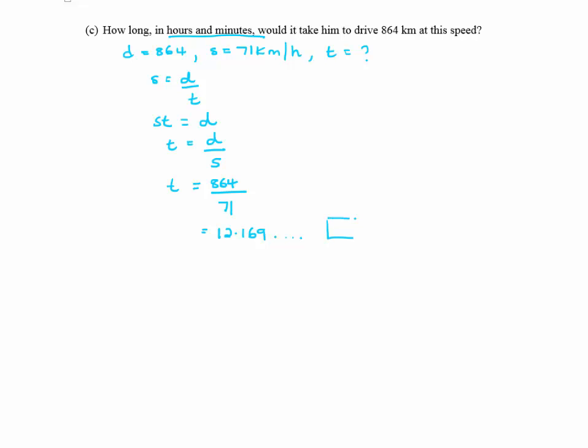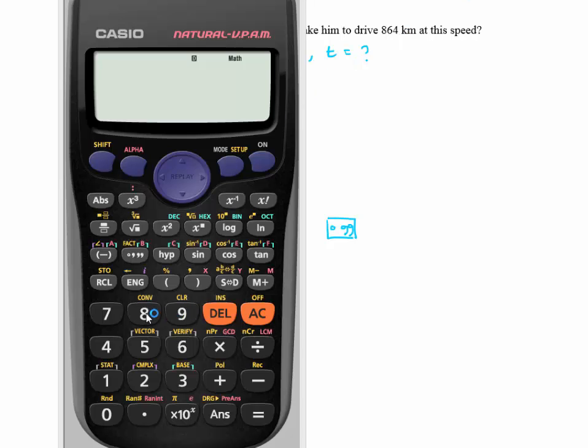Now, because we want this in hours and minutes, what we need to do is find our hours and minutes key on our calculator, which looks something along these lines. And what you do is you need to get your calculators up, and I'll show you how I can use it on my calculator. I'm just going to do 864 over 71. I'm just going to press equals. I'm going to press this button here, which should now turn it into hours and minutes.